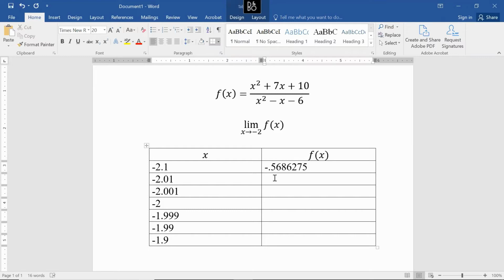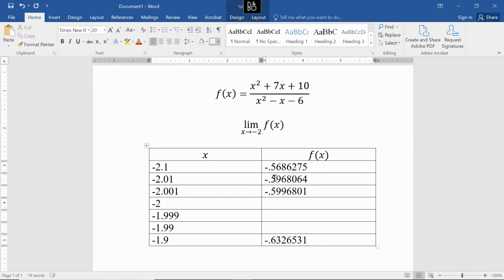When I do negative 2.01, I get negative 0.596864. Negative 2.001, negative 0.5996801.